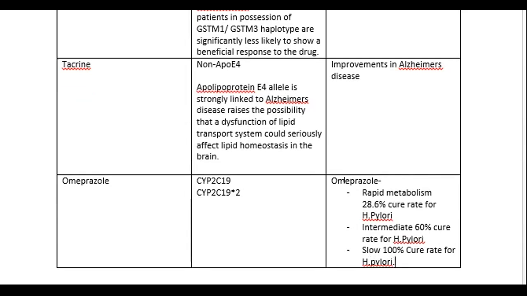As omeprazole is mainly used in peptic ulcer disease, the peptic ulcer is mainly caused by one of the bacteria called H. pylori, and because omeprazole is a proton pump inhibitor, because of this H. pylori, there is an increase in the acid production, and omeprazole tries to block the acid production. In the rapid metabolizers, the 28.6% cure rate is seen because the omeprazole is being fast eliminated. In intermediate metabolizers, a 60% cure rate is seen, and in slow metabolizers, a 100% cure rate is seen.